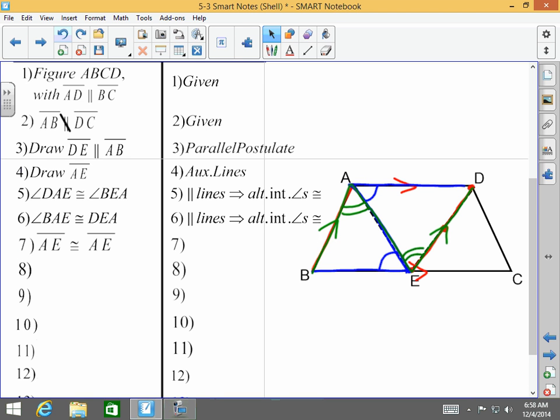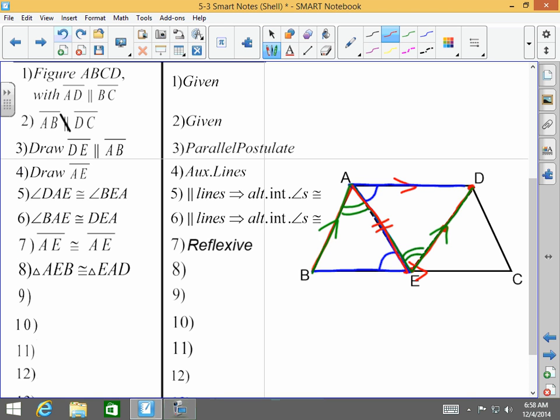Now I can state that AE is congruent to AE because of reflexive property. Now this should be jumping out on you. Triangle AEB is now congruent to triangle EAD because of angle, side, angle.